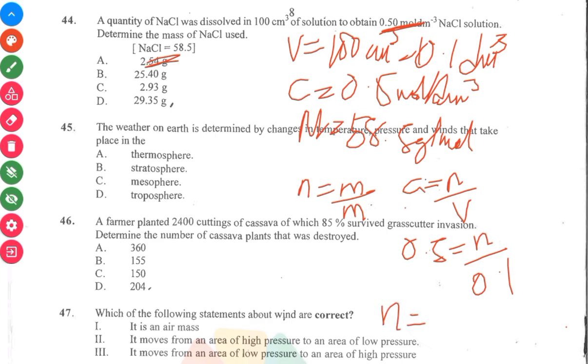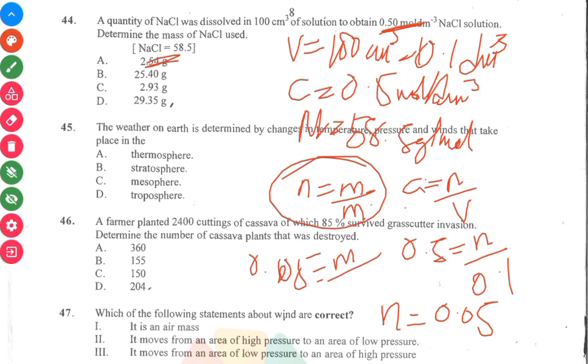So n equals 0.05. After that, we substitute into this formula. So we have 0.05 equals the mass over the molar mass, which is 58.5. So we are going to end up having 2.93 grams after doing the multiplication. So our answer is C.